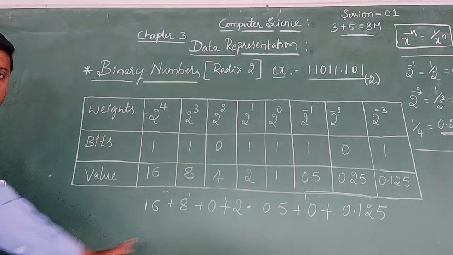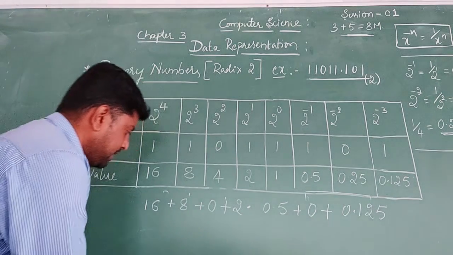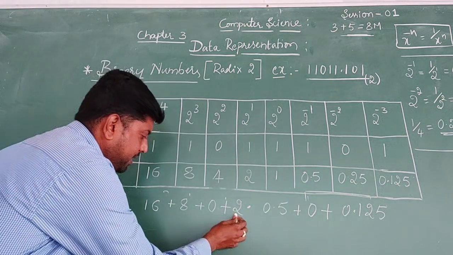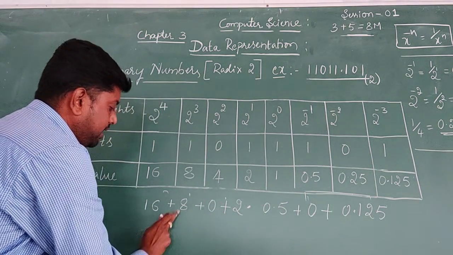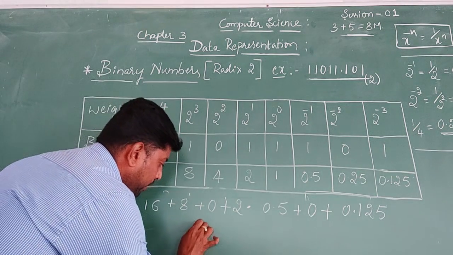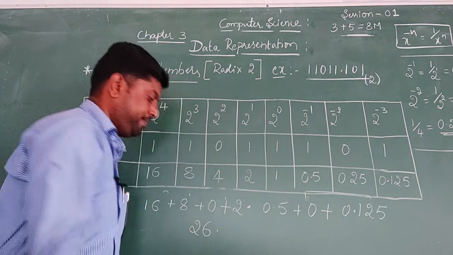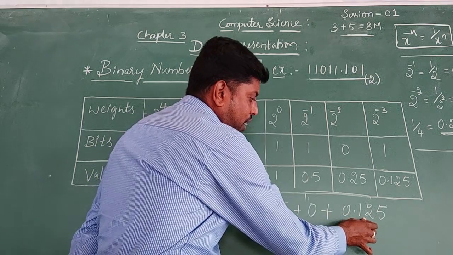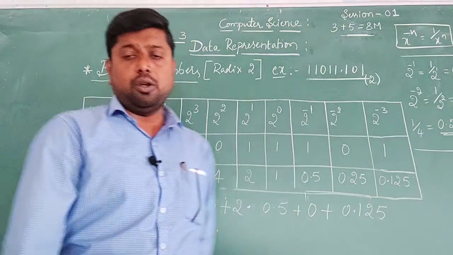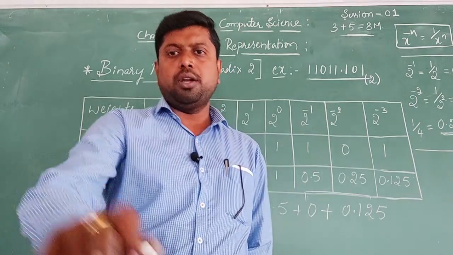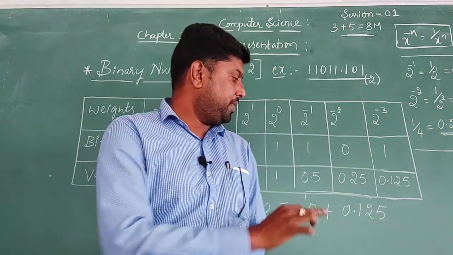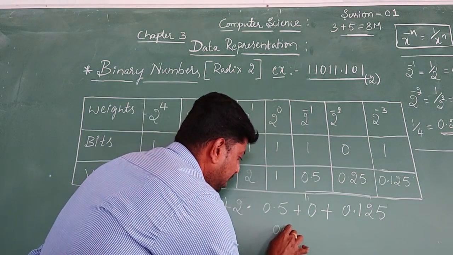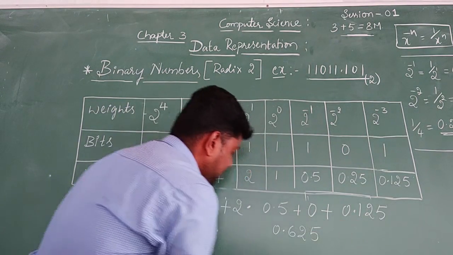Now you add all the decimal conversions. 16 plus 8 plus 2. Here 8 plus 2 is 10, 10 plus 16 is 26. Then 0.5 plus 0.125. What's the value? The value is 0.625 by adding these two numbers.